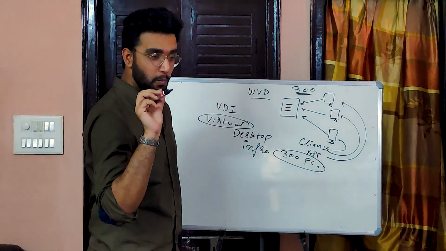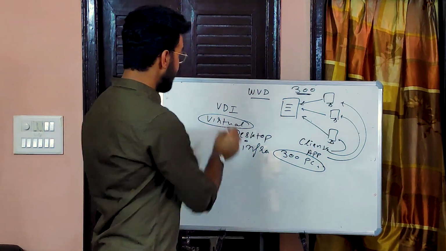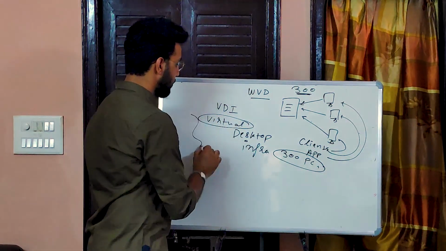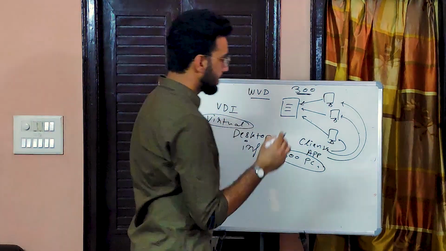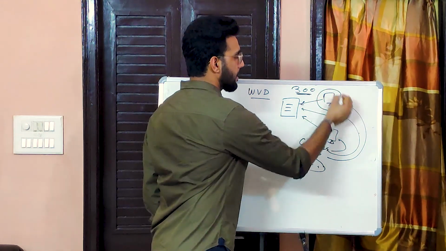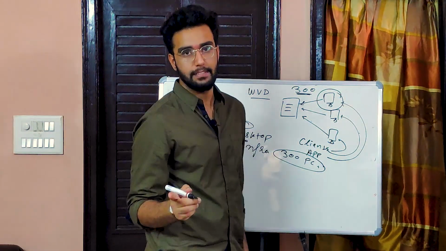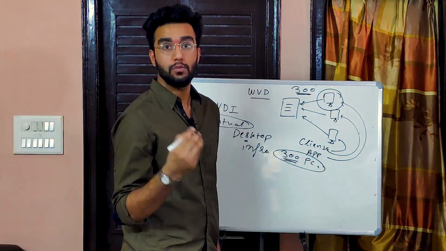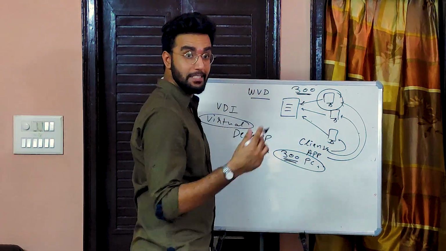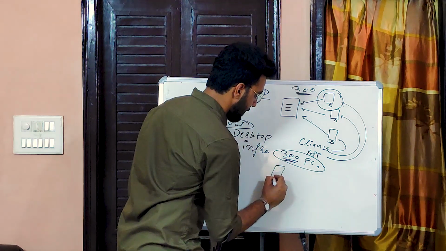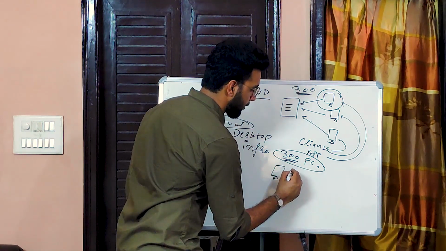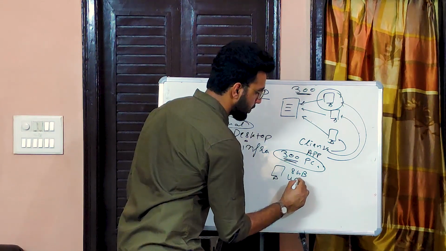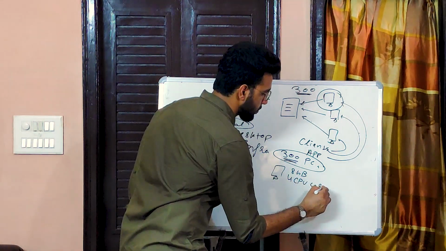So what are we suggesting by VDI? I'm not getting to WVD yet. What I'm suggesting that you should do is that you take a client machine and you virtualize it, right? Because here, for 300 PCs to work, you will have to purchase 300 PCs, and let's say each computer has some configuration of, let's say, 8 GBs of RAM and 4 CPU cores.